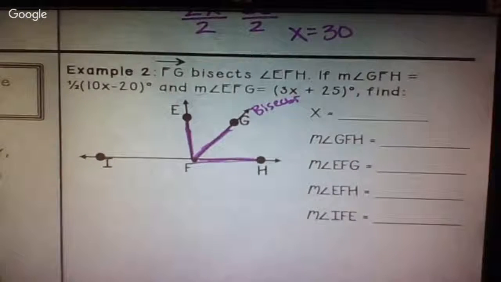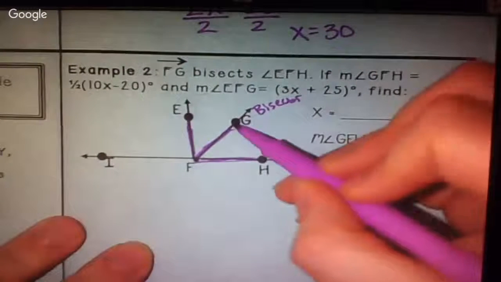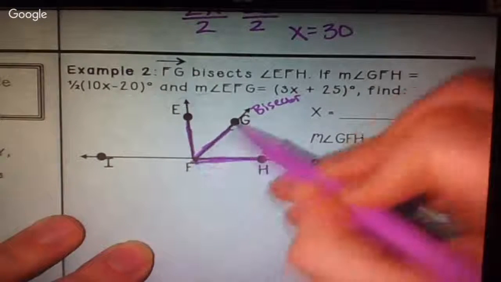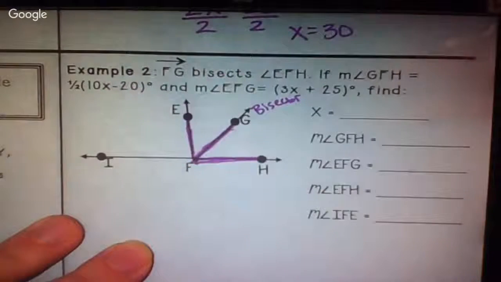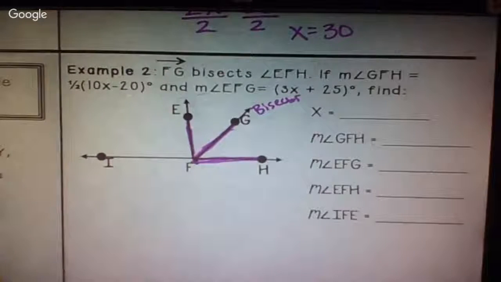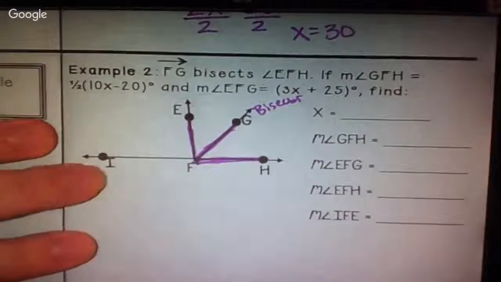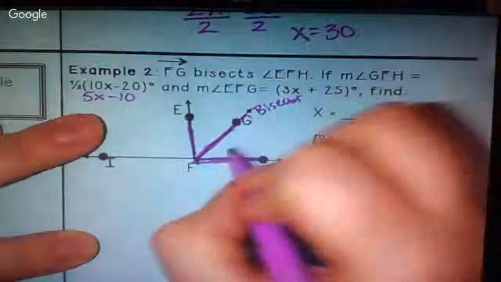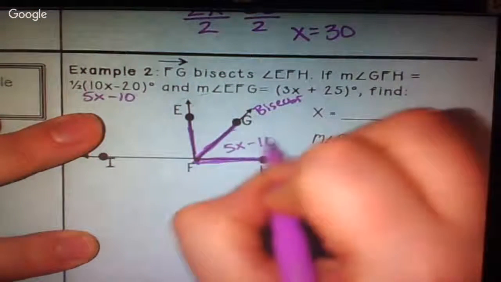So let's fill in what we know. The measure of angle GFH is this angle right here. It's 1/2 of 10x minus 20. So what's 1/2 of 10x minus 20? 5x minus 10. So this is 5x minus 10.